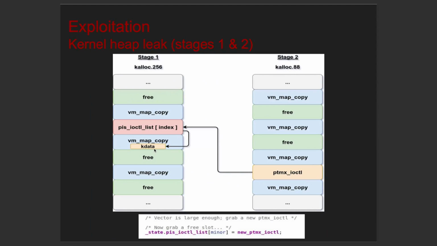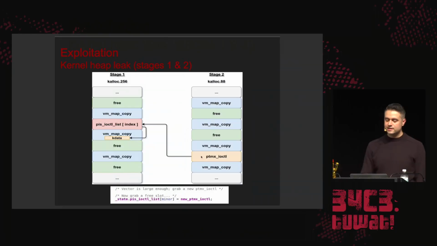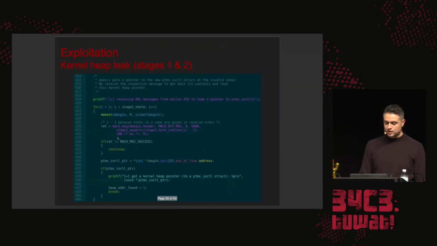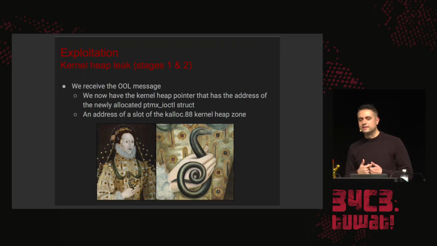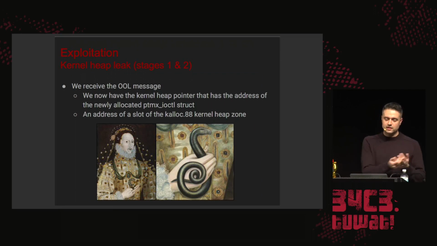So I have now the address of this PTMX IOCTL struct, which is an address on the calloc88 zone. I have it on the kdata field of this VMAP copy struct here. So what I do, I can simply receive this message, and in its content, I can see the address of that slot on the calloc88 zone.